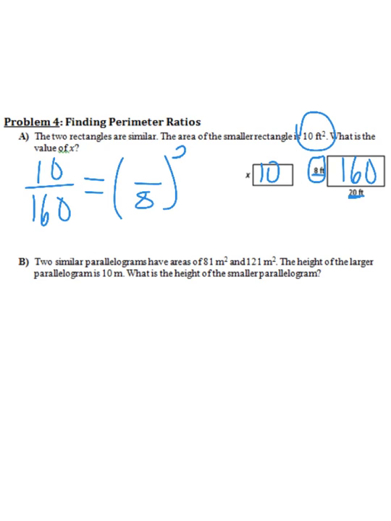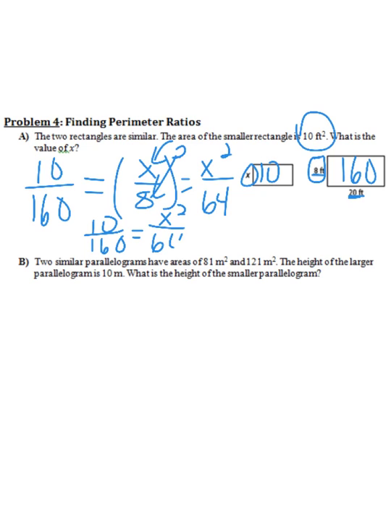Now you'll notice 8 and x are in the same spots in both rectangles. So x will go with the smaller area of 10, 8 will go with the larger area. I do need to square them. So x squared is x squared, 8 squared is 64. So my ratio is going to be 10 over 160 is equal to x squared over 64.